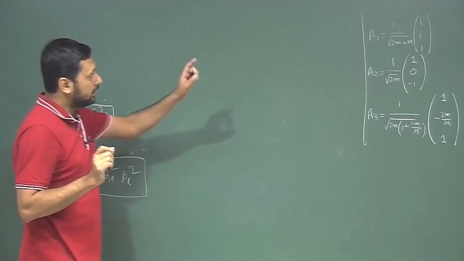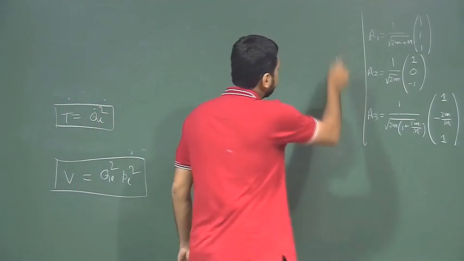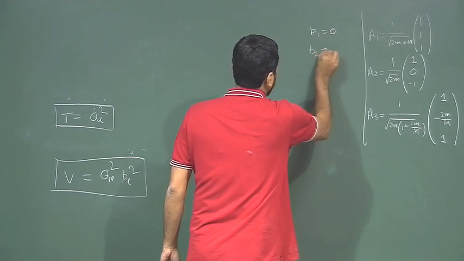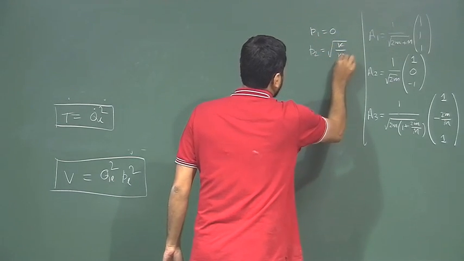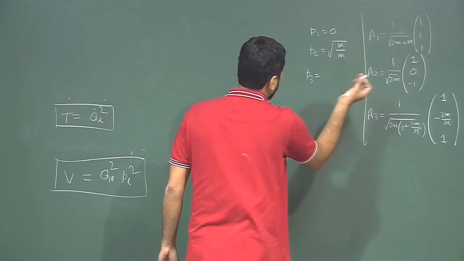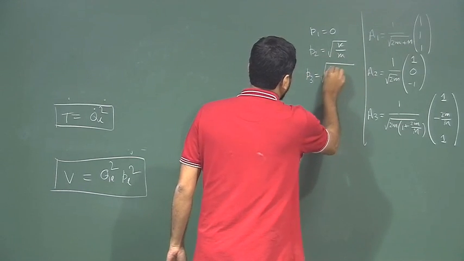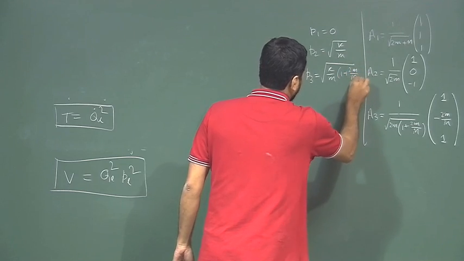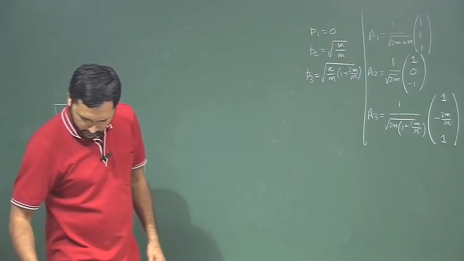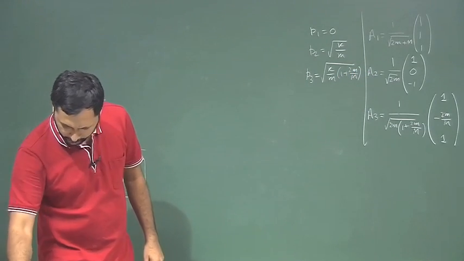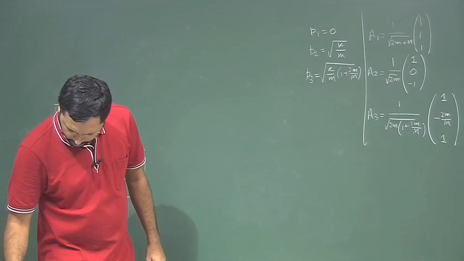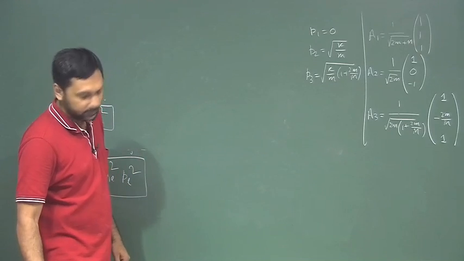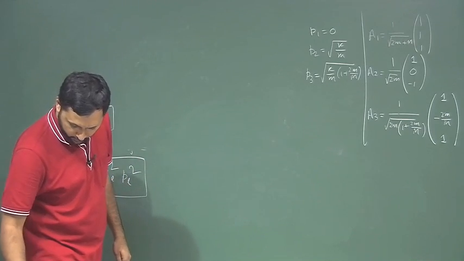We have written 3 frequencies, which were P1 equal to 0, P2 equal to root k by m, and P3 equal to root k by m times (1 plus 2m by M), right? Am I right? Just give me a second, I will just check. Yes, good, right. So, these are the 3.